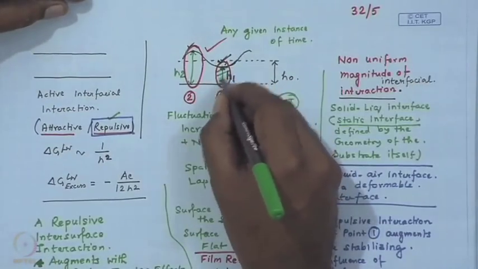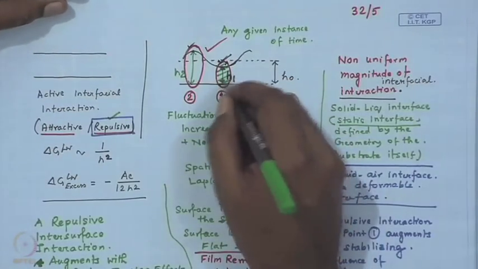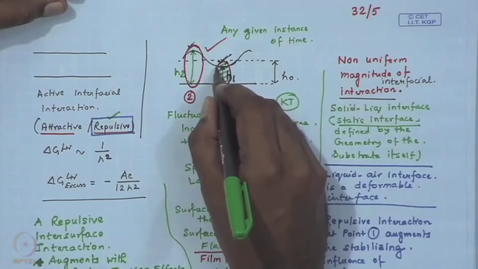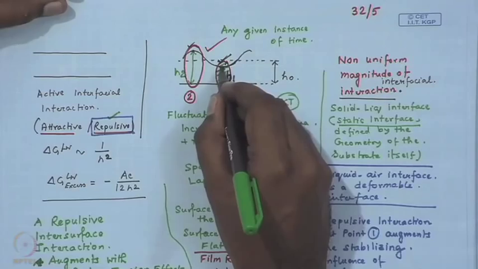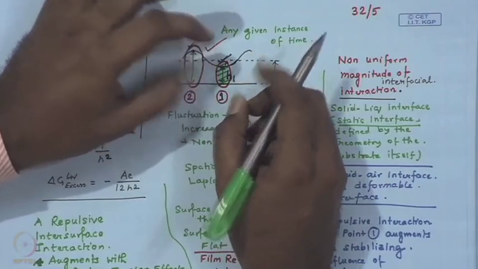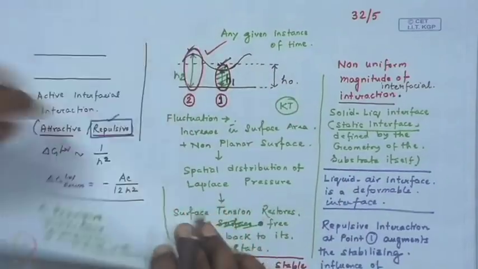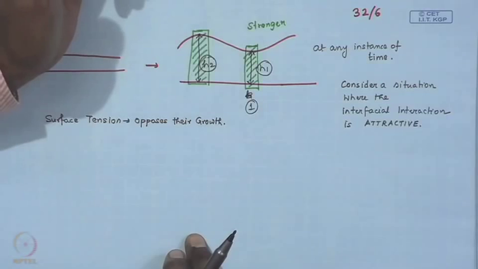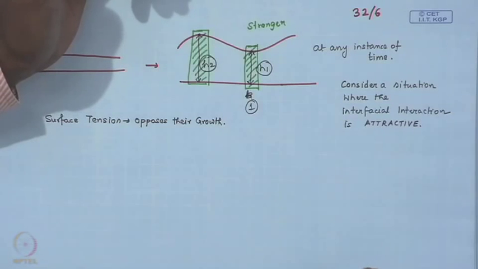Here the interaction was stronger, but the nature of the interaction was repulsive. So, here the deformed liquid air interface was strongly repelled by the interfacial interaction. However, here we have a stronger interaction, but it is attractive.